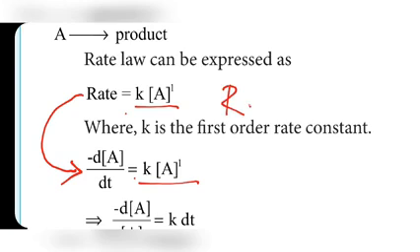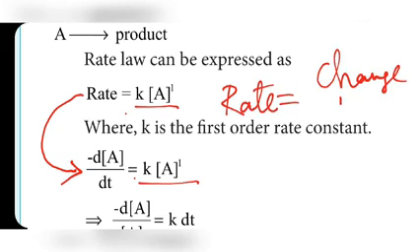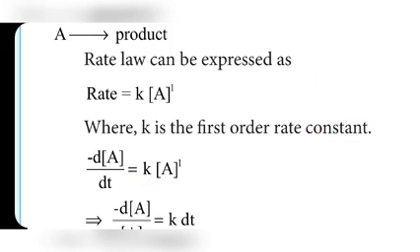Rate means what? Rate is equal to change in concentration of reactant or product divided by time taken. Divided by time taken is given here as dt. Change means difference.